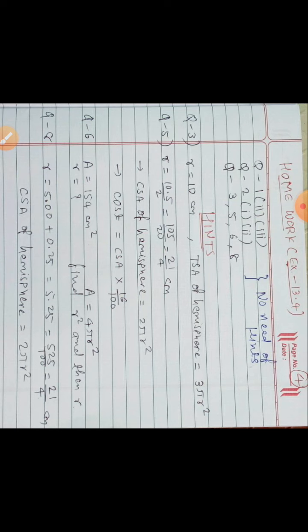So you will get r square first, then by taking the square root you will have r. So again simple, only shifting should be there. Why? 4 and pi should be shifted towards the left side, then only you will make r square the subject. After getting r square you should take the square root, so that you will have the value of r.